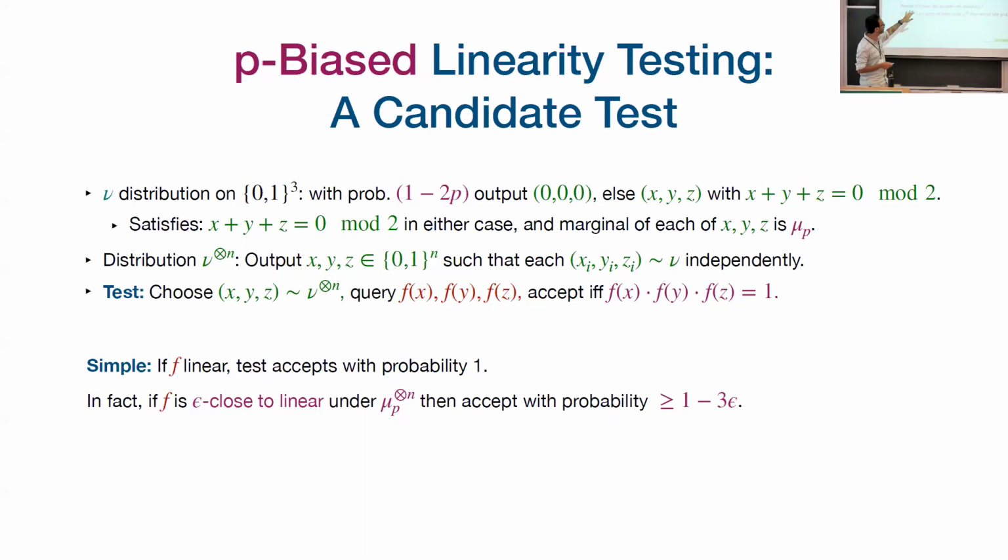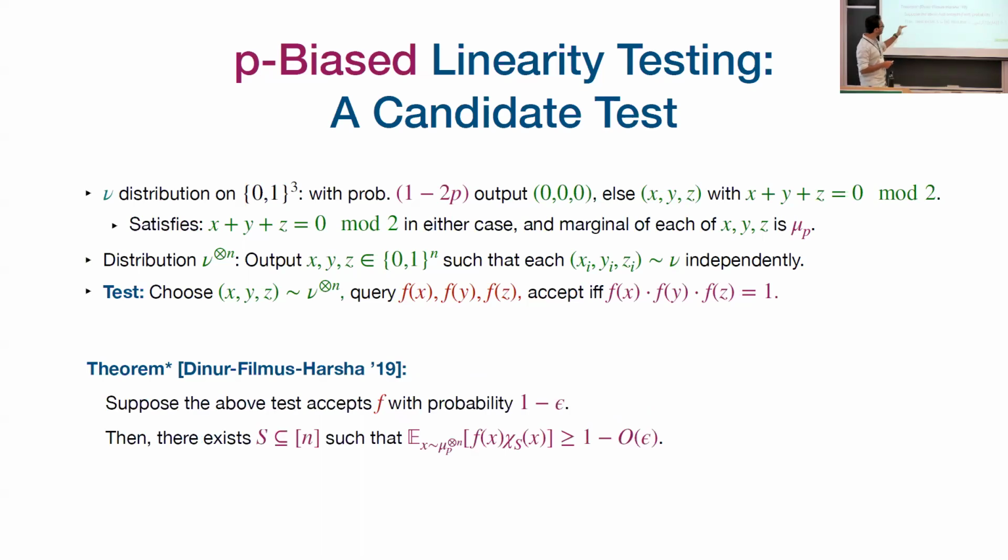The reason is that because there are only 3 queries, you can union bound that all the 3 queries are coming from the relevant linear function. And such tests are what are called tolerant tests in the literature, under some parameters, but I won't go too much into that.